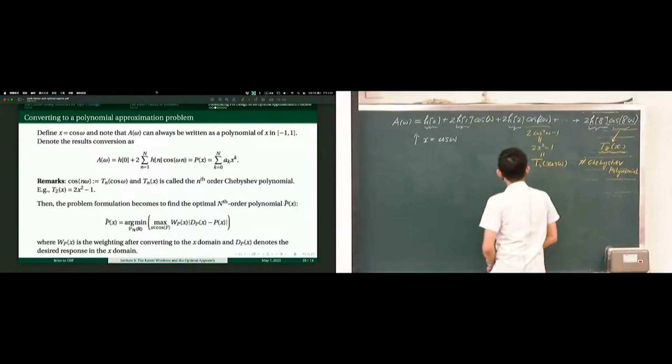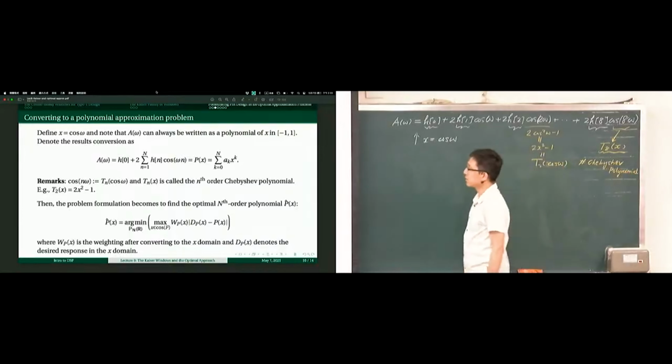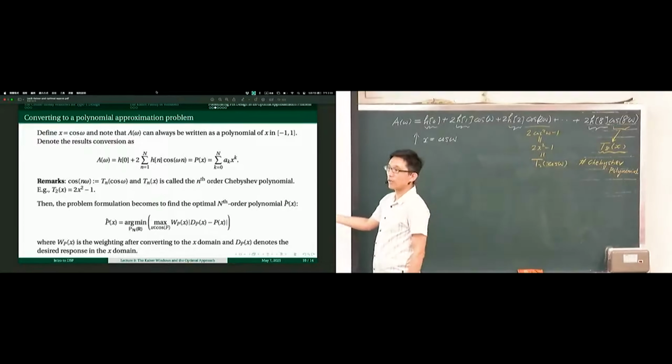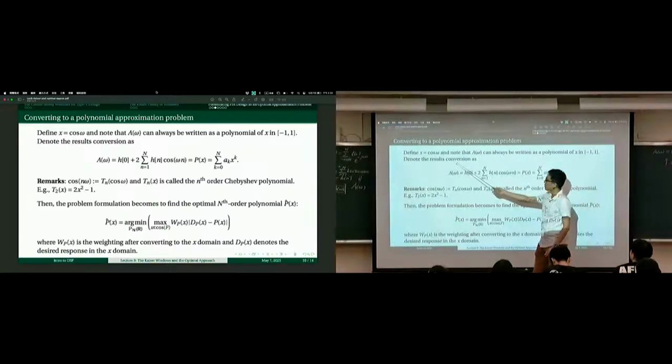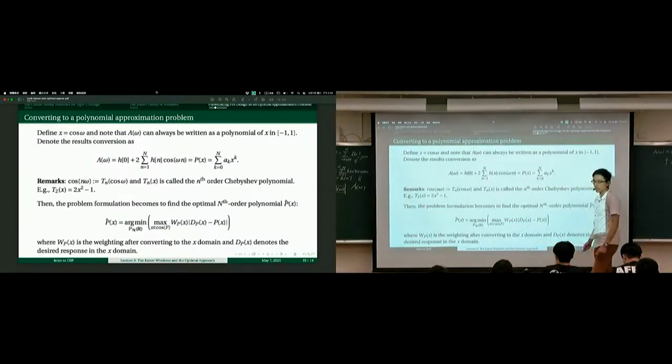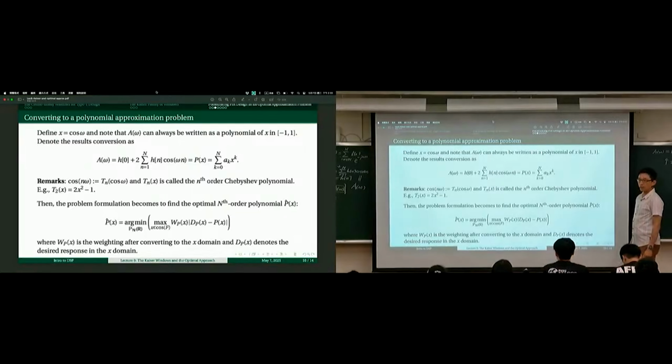It's easier if we need this step. We need to convert the problem into the x domain by defining this relation. What is x? x is cosine omega, so we go from the omega domain to the x domain. That's a key concept to understand.